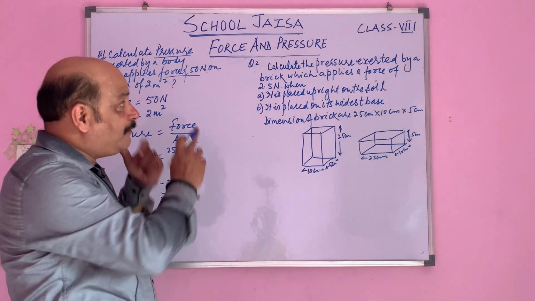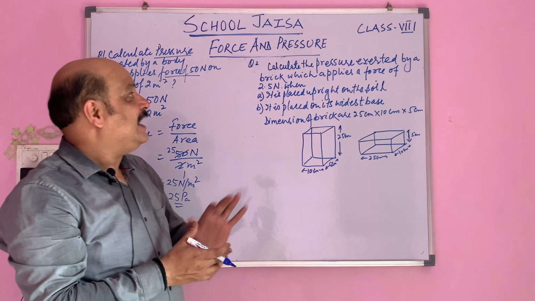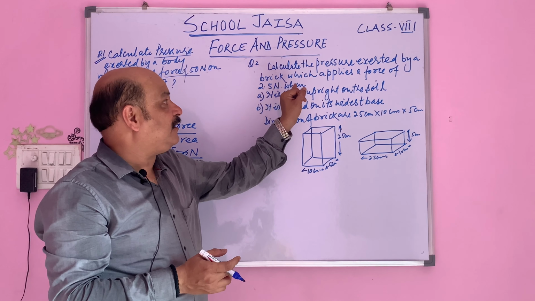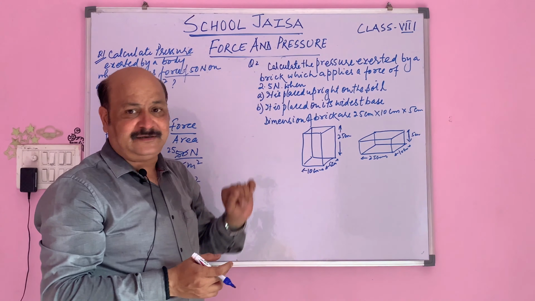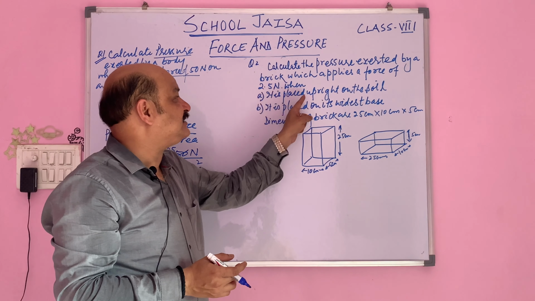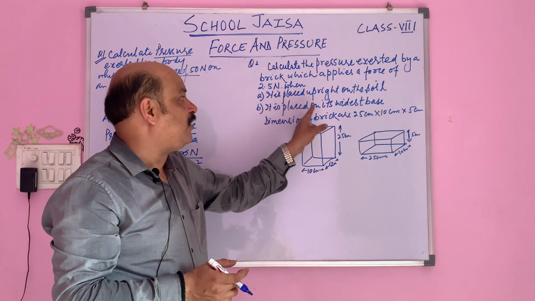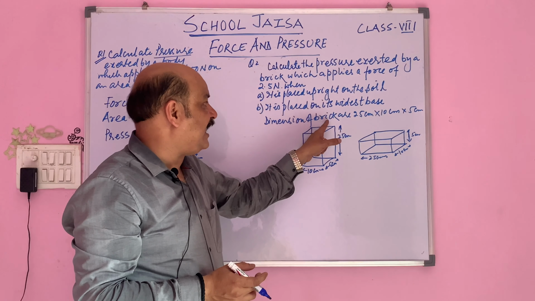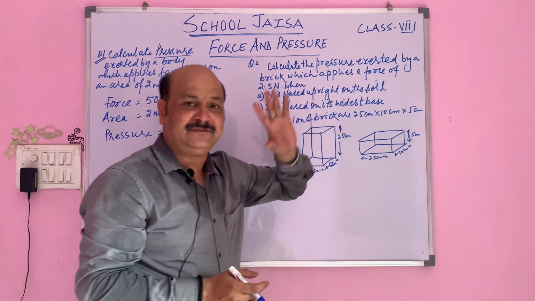Simply we have to put it in the formula and we get the answer. Now when we come to this question, read this question carefully. Calculate the pressure exerted by a brick which applies a force of 2.5 Newton when, A part, it is placed upright on the soil, B part, it is placed on its widest base, and the dimensions of the brick are 25 centimeter, 10 centimeter and 5 centimeter.